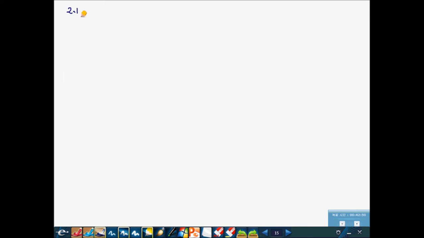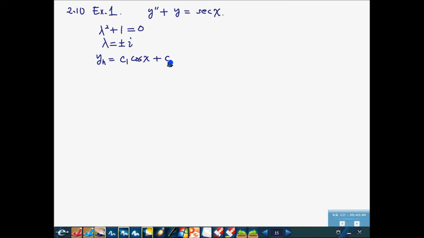So 2.10, example 1. y double prime plus y is secant x. All right, so lambda squared plus 1 is 0. That is plus minus i. So yH is C1 cosine x plus C2 sine x.